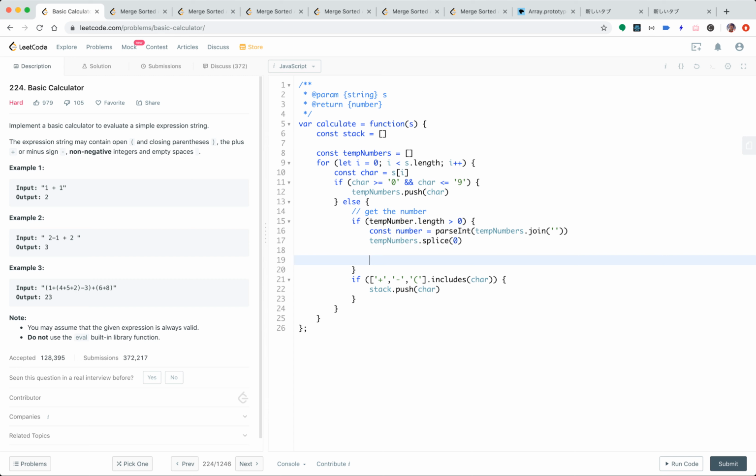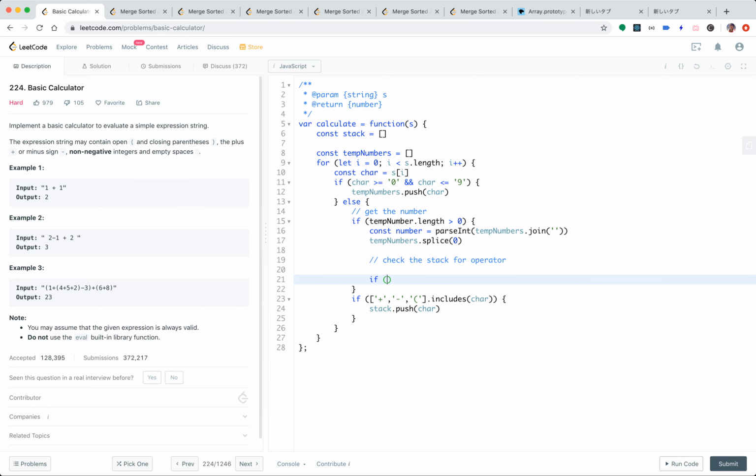When we get a number, there are several cases. The first, check the stack for operator.